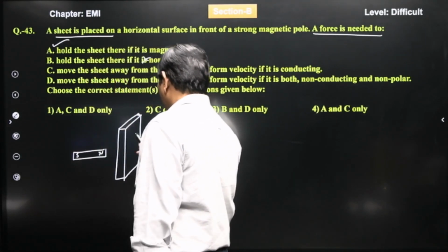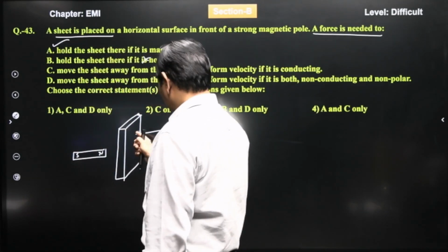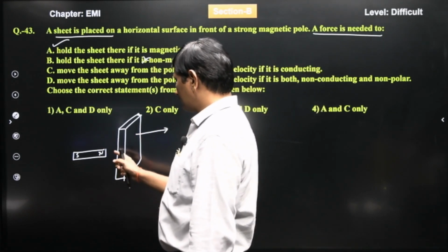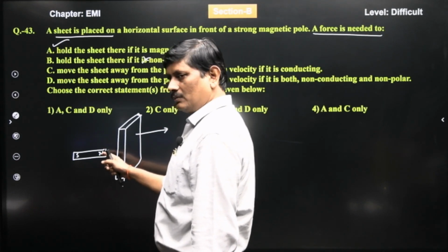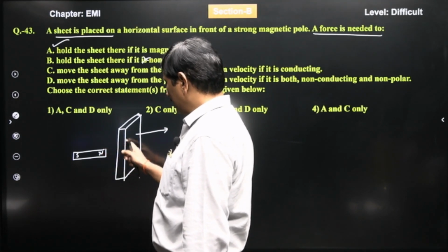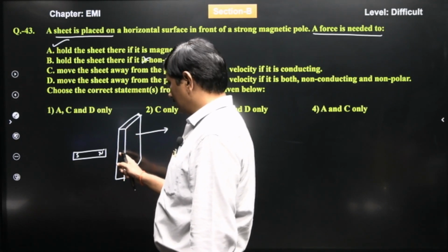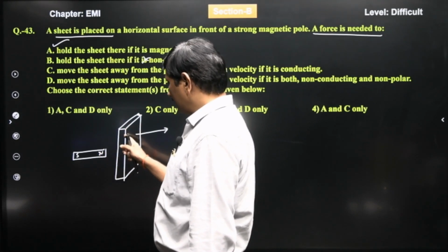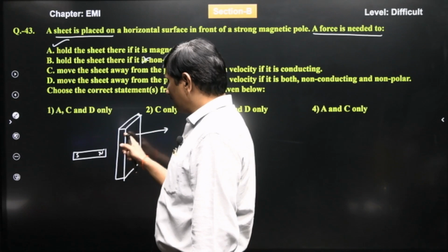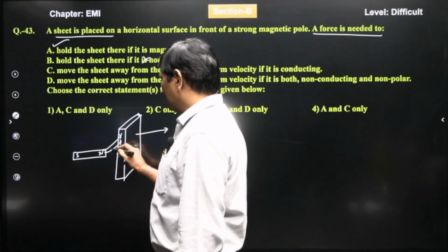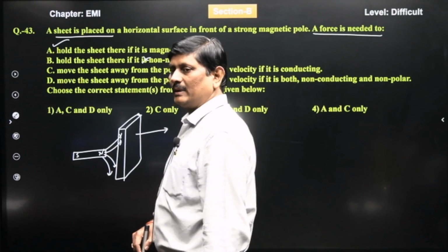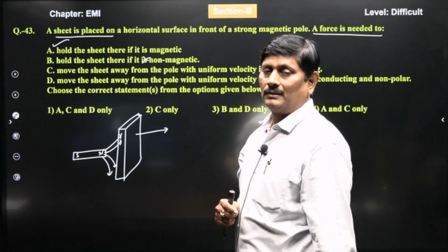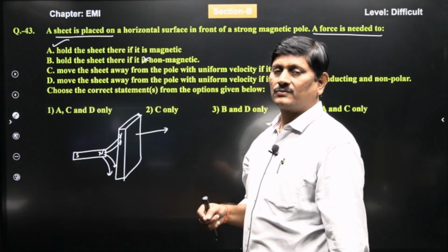When you move this sheet away from the magnet or magnetic pole, the magnetic field linked with the sheet decreases. That means the magnetic flux linked with the sheet decreases. When magnetic flux changes in a conducting sheet, there is an induced EMF, or otherwise we can call it eddy current.